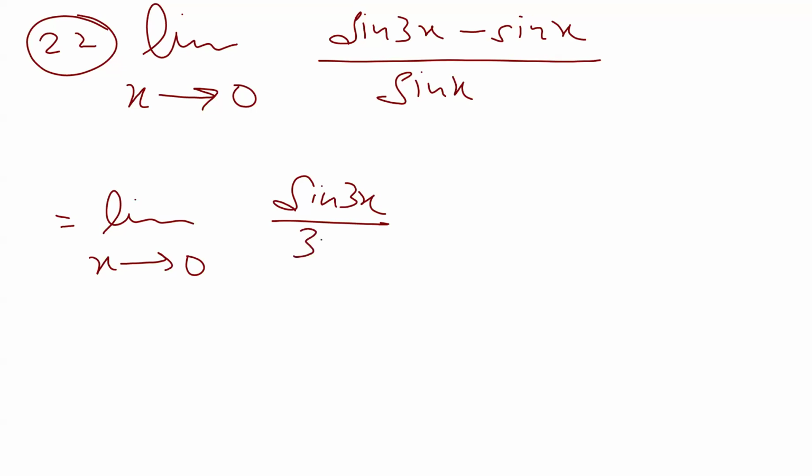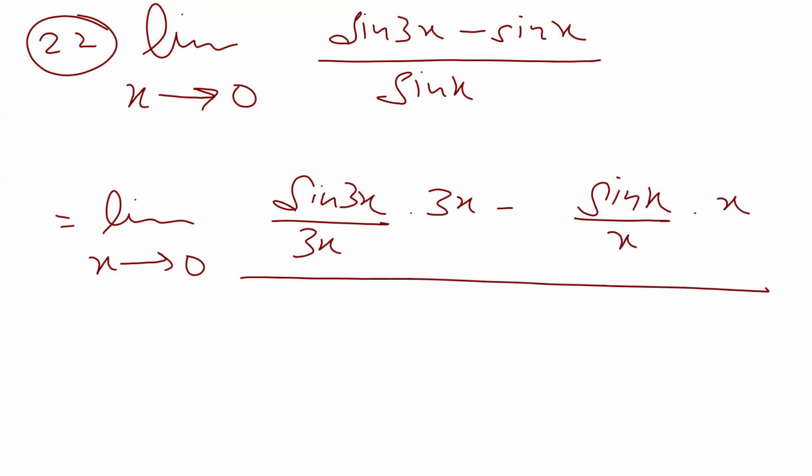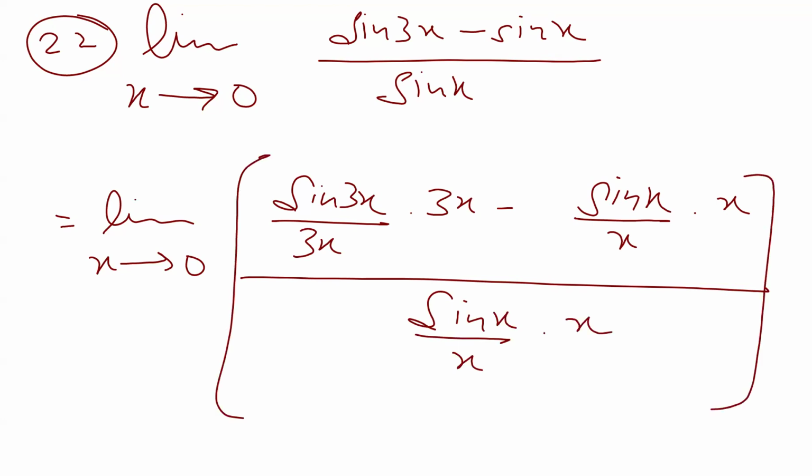Good. Divide and multiply. Sine x will be divided and multiplied with what? X. Down also. Divide and multiply with x.